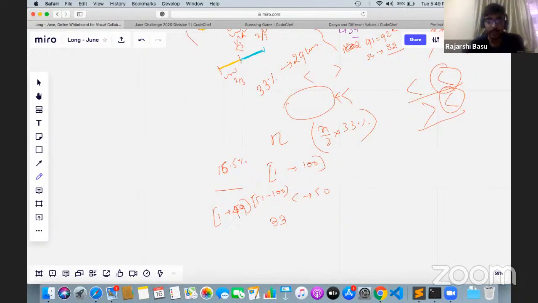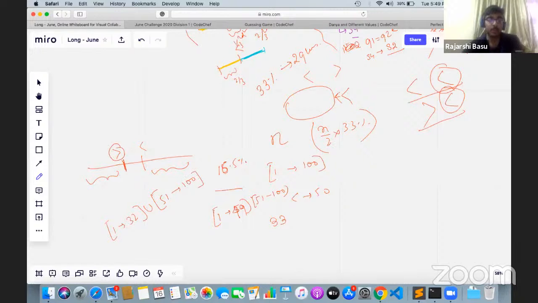Now let's say you query at 33 and you get this symbol. So now what is your range? Your range is now 1 to 32, plus the union 51 to 100. And this is the first query.